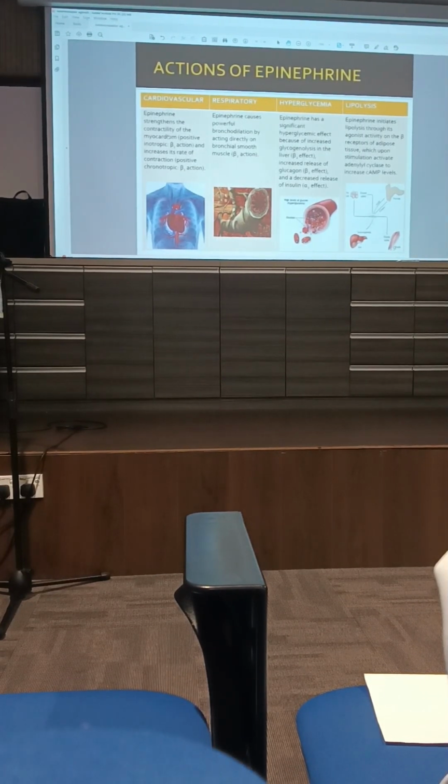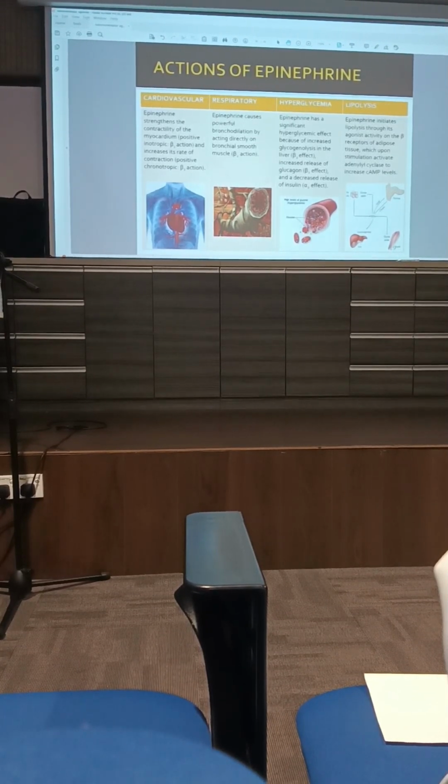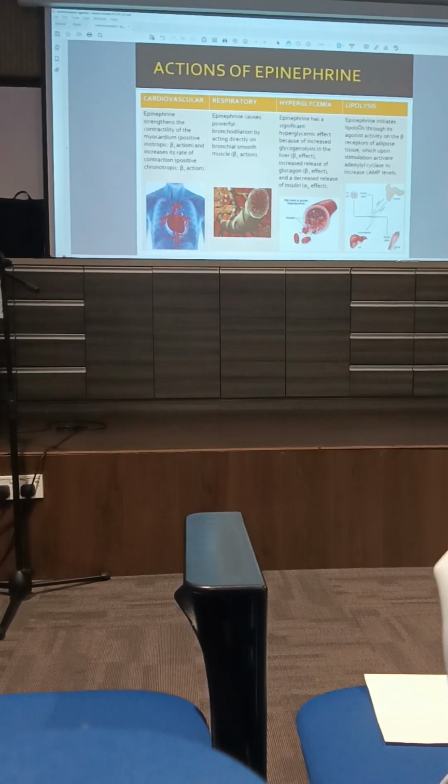For cardiovascular, it strengthens the contractility of the heart. For respiratory, it can cause powerful bronchodilation. It exerts significant hyperglycemic effects because of increased glycogenolysis. It can cause lipolysis as well, initiated through its agonist activity on beta receptors of adipose tissue.